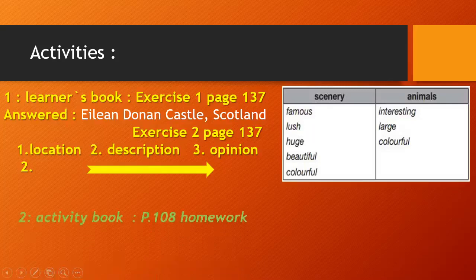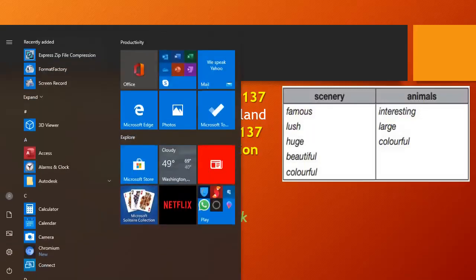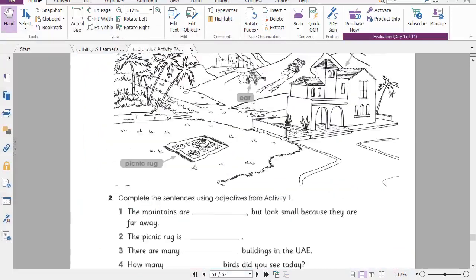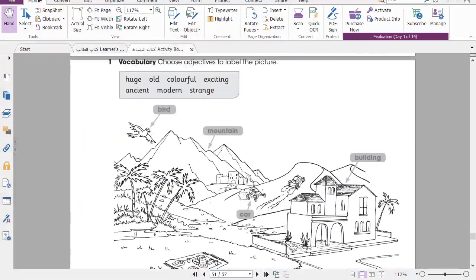Let us turn to your homework book, your activity book, page 108. Please open it. You will find a picture here. So please, I'm waiting for you to open the page. Here on the page we have some pictures and given adjectives.